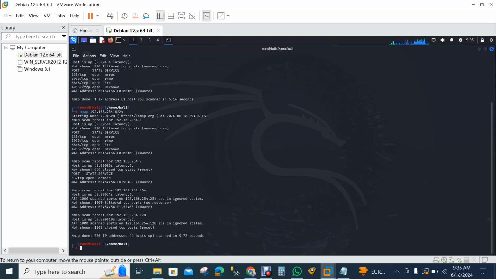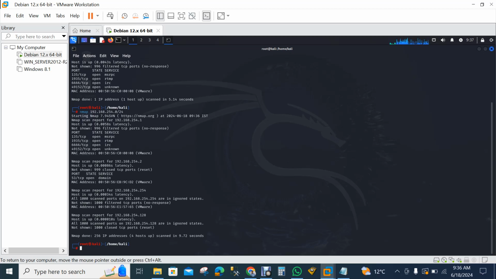After running this command, the process now shows us the same thing: 192.168.254.1 has some vulnerability, so we know that.